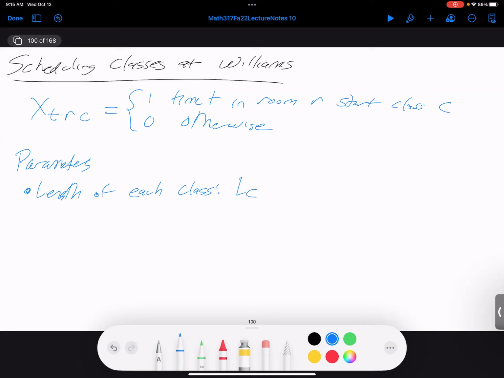What other parameters are we going to need to have? The capacity of a given room. So there's going to be room capacity. What's a good letter for room capacity? Seats.